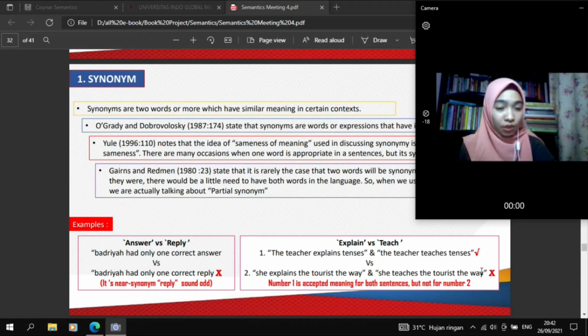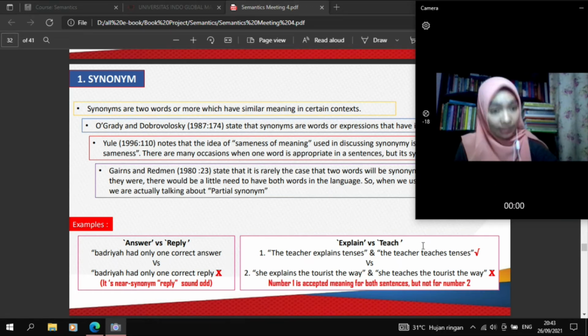So number one is accepted for both, the teacher explains tenses or teaches tenses, but not for number two. We can say yes to she explained the tourist the way, but she teaches the tourist the way is wrong.